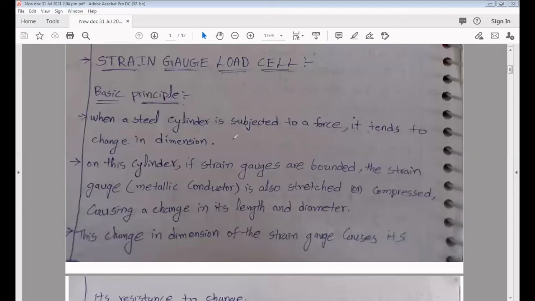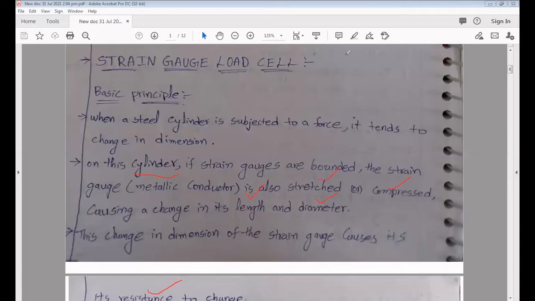Suppose, for example, we are taking one cylinder. On that cylinder we apply a compression or stretch using a certain force. Due to that compression, the length and the diameter of the material will change. Due to that change in length and dimension, the strain gauge's resistance also changes.